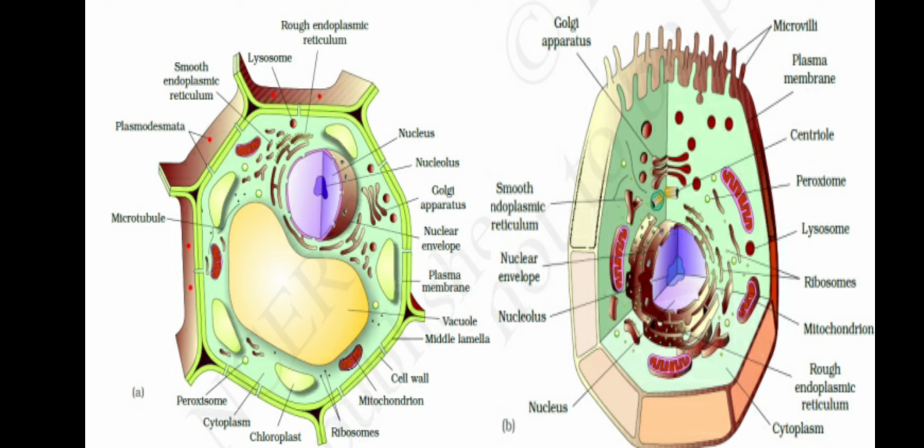Now look at the bottom of the plant cell. Chloroplasts are present. Chloroplasts are the cell organelles which contain a green pigment known as chlorophyll. Plants are green in color because they have chlorophyll, and chlorophyll is present in chloroplast. Chlorophyll absorbs the sunlight, due to which plants are able to perform photosynthesis.